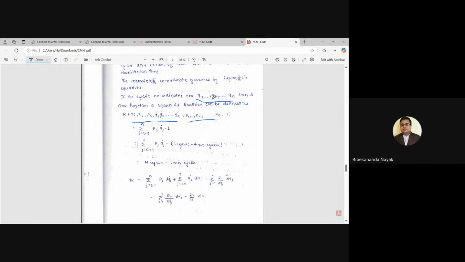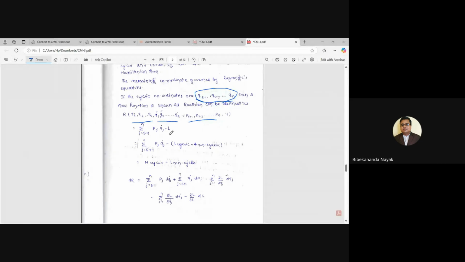Because q(s+1) to qn are cyclic. Actually, the Lagrangian contains q1 to qn, q1 dot to qn dot, and the Hamiltonian q1 to qn, p1 to pn. But some are cyclic, q(s+1) to qn. Cyclic means it does not appear in the Lagrangian, so it is already removed. So we have only q1 to qs. For cyclic coordinates, we use the momentum because the momenta are constant. Non-cyclic ones have the velocity.